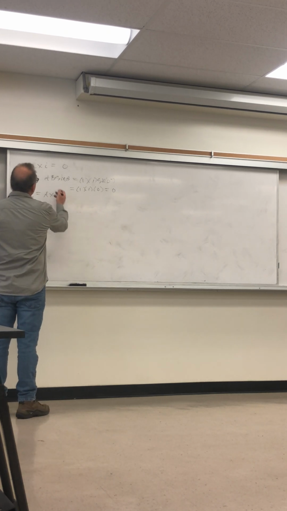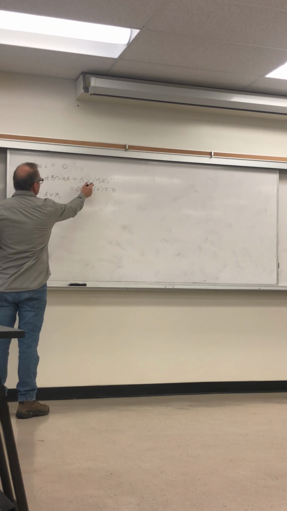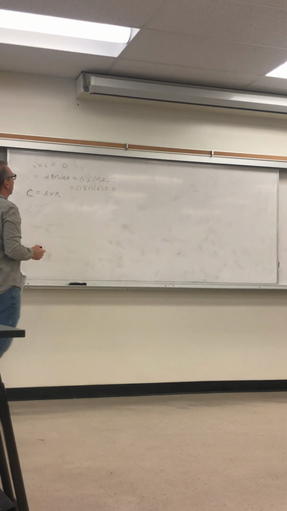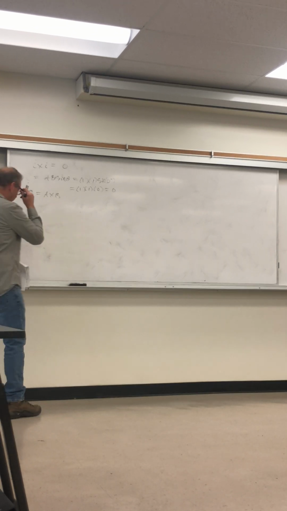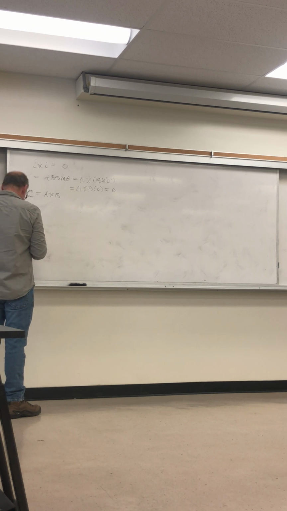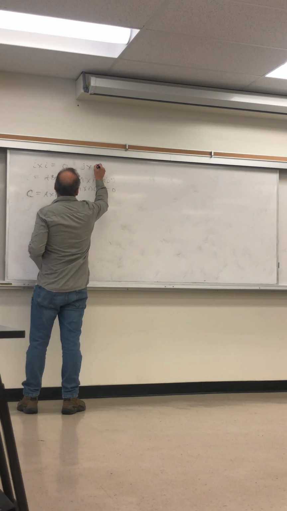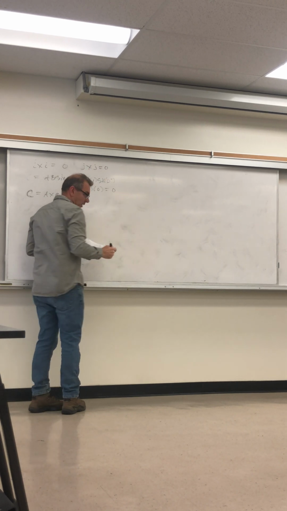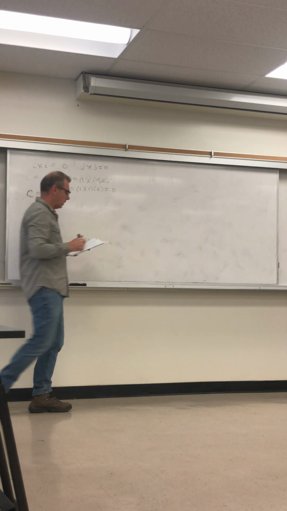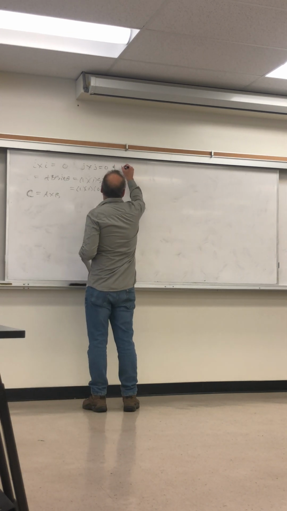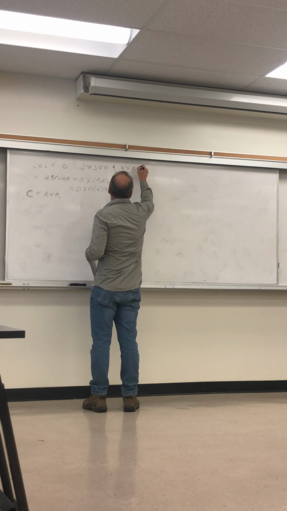But if the magnitude of the vector is 0, the whole vector is 0. So anything crossed by itself, any vector like J cross J will be 0, K cross K. So we have I cross I is 0. J cross J will be 0 for the same reason. The two vectors are aligned. K cross K is 0.